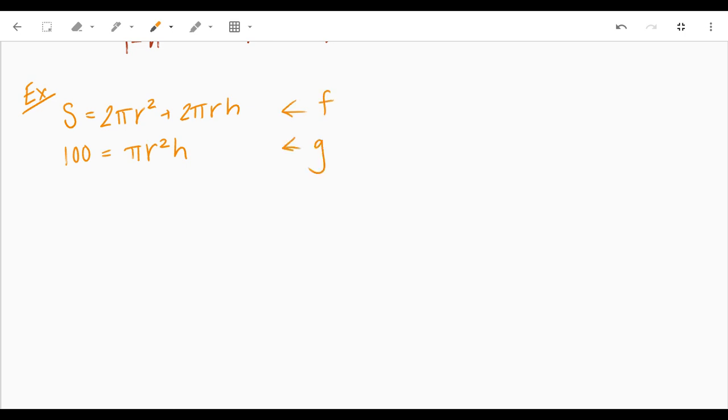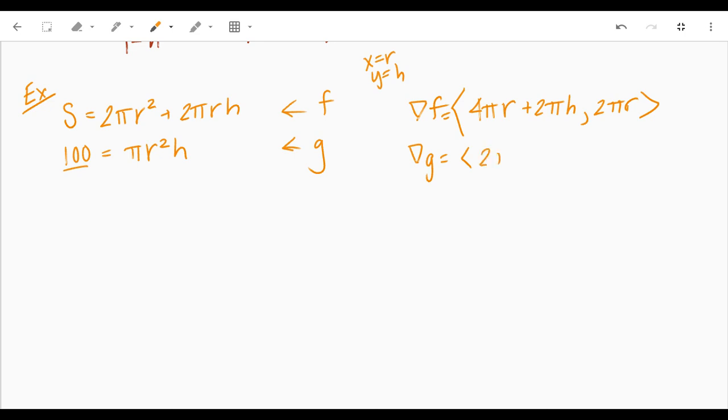So the gradient of F. Let's do x is r and y is h. So we're going to have 4 pi r plus 2 pi h, and then 2 pi r. And then for G, remember that 100, technically these should be set equal to 0, but it doesn't really matter. Any constant is just going to be 0 when you take the derivative anyways.